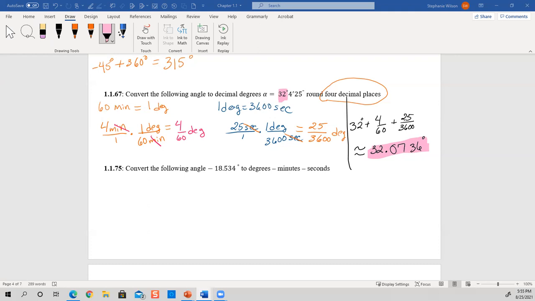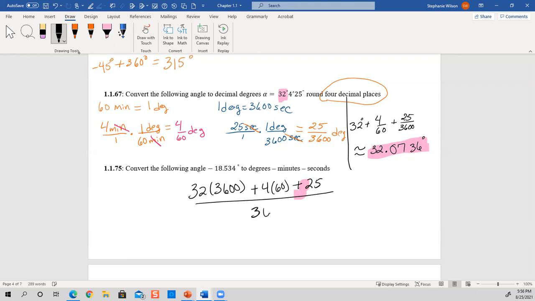If I was to convert this all to 3,600, it would have been 32 times that 3,600, right? Plus the 4 times 60, because 4 times 60 gives me 3,600, plus the 25, and it would all be over 3,600. This is how I would have done it if I was going to convert the fractions so they all had the same common denominator.